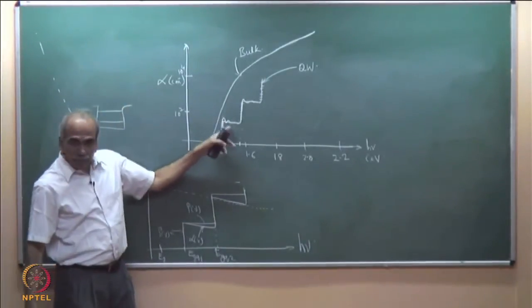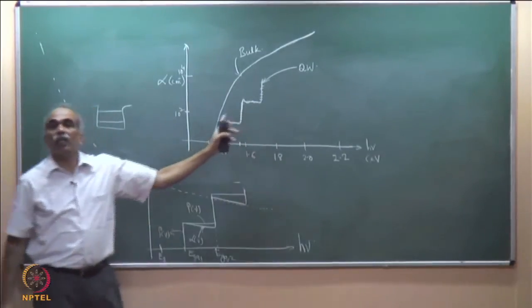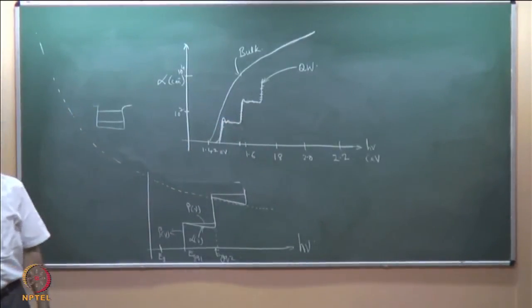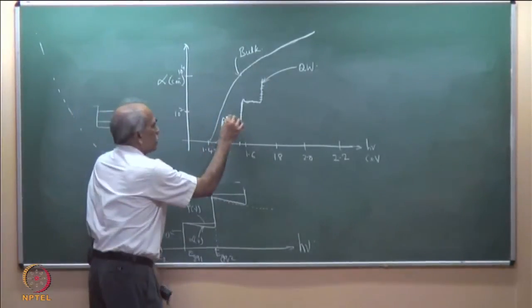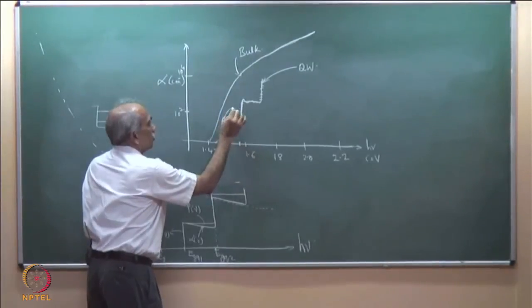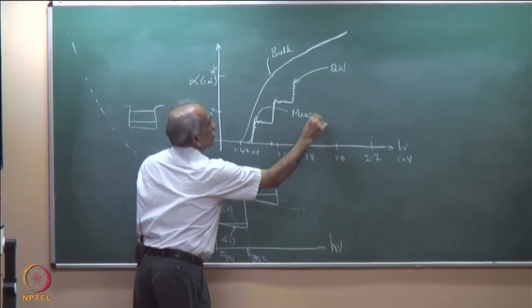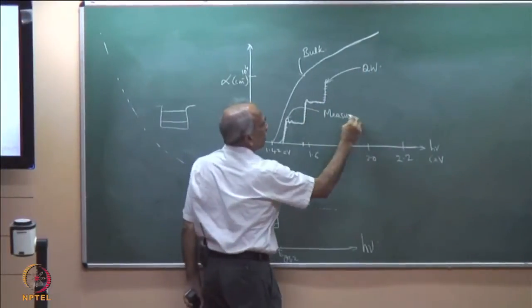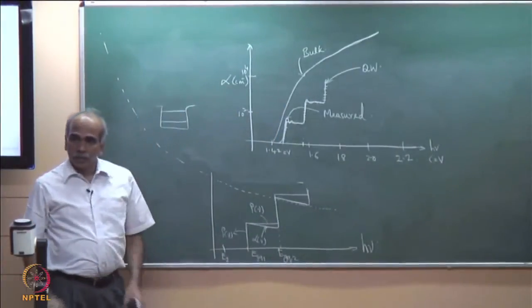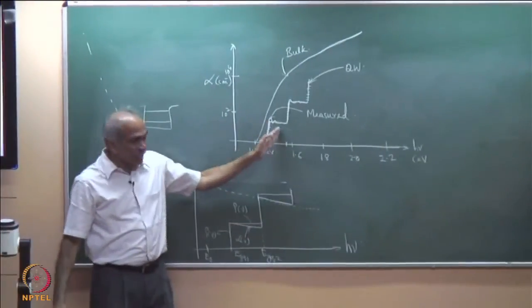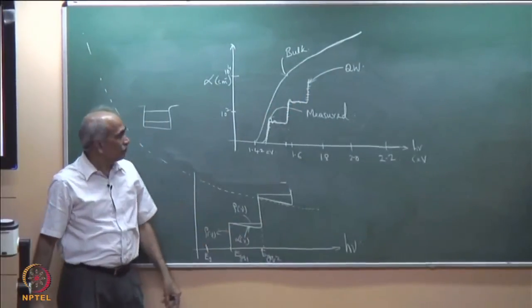So there is a little bit of peaking which we see in the absorption spectrum of a quantum well. So, this is the measured one. This is theoretically expected and this is measured. One thing is sure, it shows a step-like variation, but there are some peaks there.